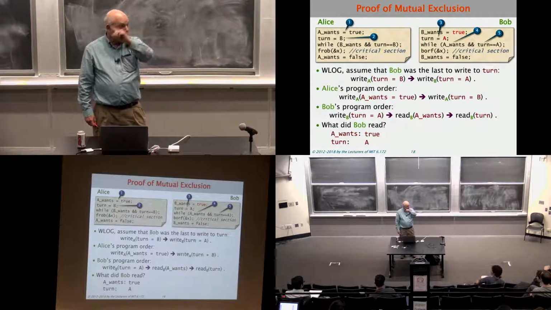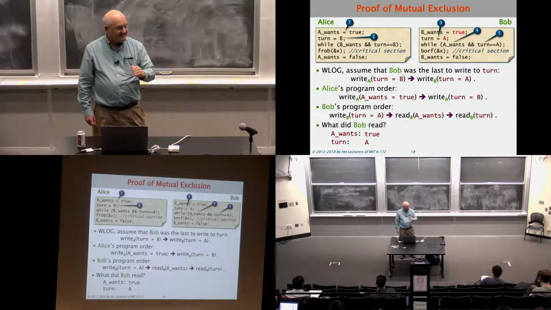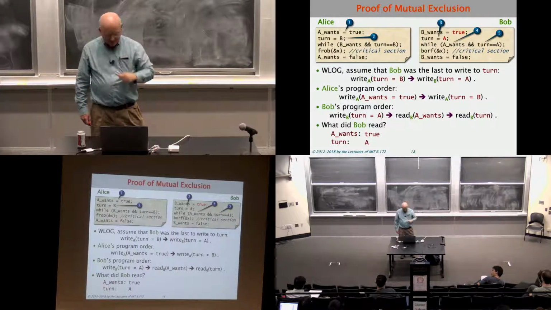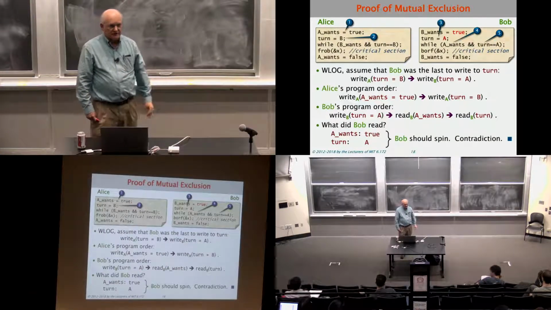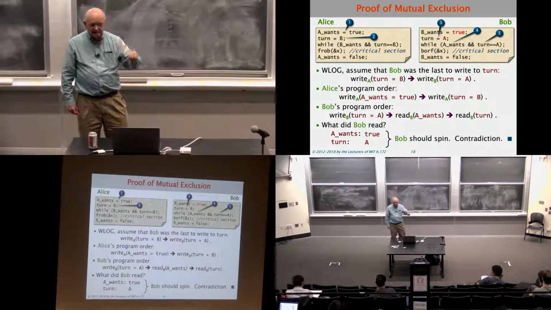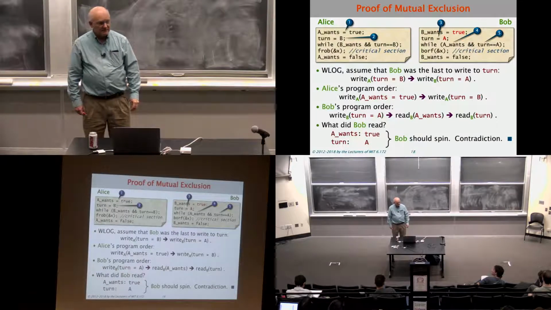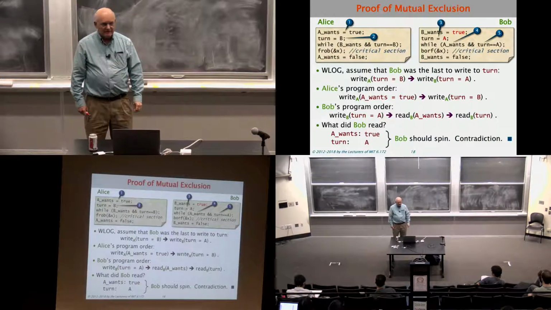He should be spinning there. He shouldn't be in the loop. Bob's code did not obey the logic of the code. Bob should be spinning. That's the contradiction, because we said Bob was in the loop. Does that make sense? Is that good?